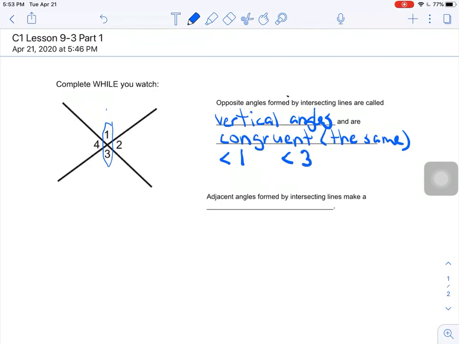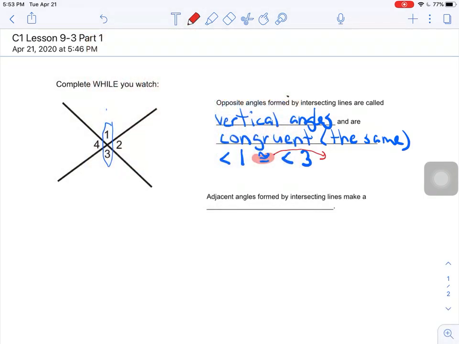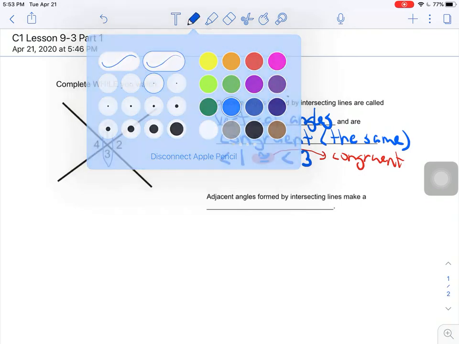and angle 3. Now, rather than saying equal, when we're talking about geometry shapes, we use something that looks like an equal sign with a tilde or a squiggly over the top of it. That symbol is what's called a congruent symbol in math. It means that the two things are congruent or they have the same measure.